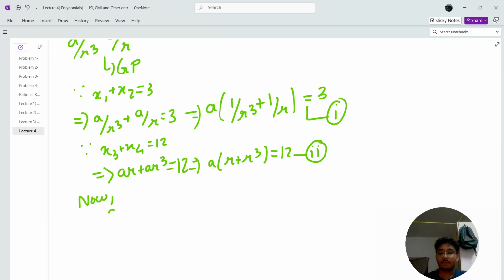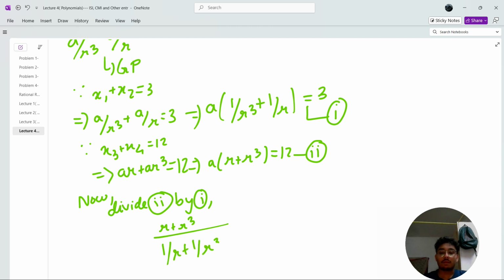Now divide 2 by 1. That is r plus r cube by 1 by r plus 1 by r cube is equal to 4.